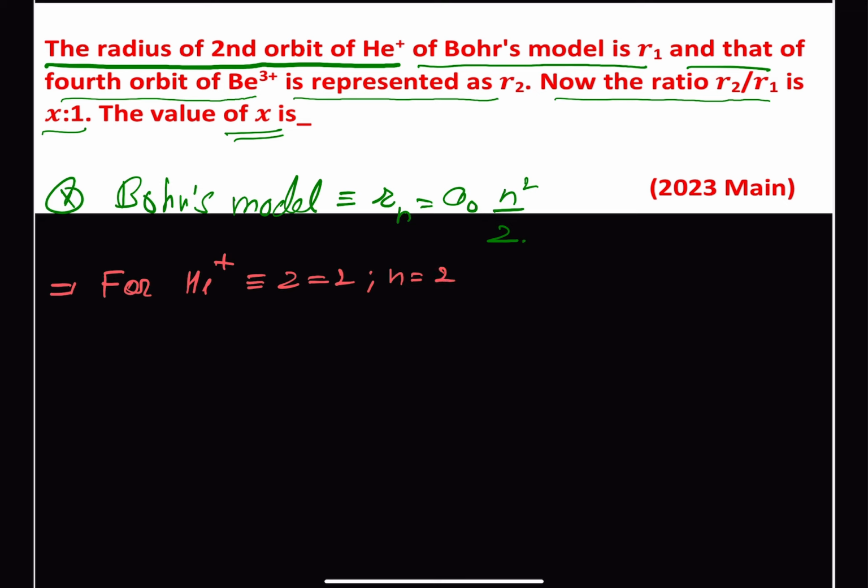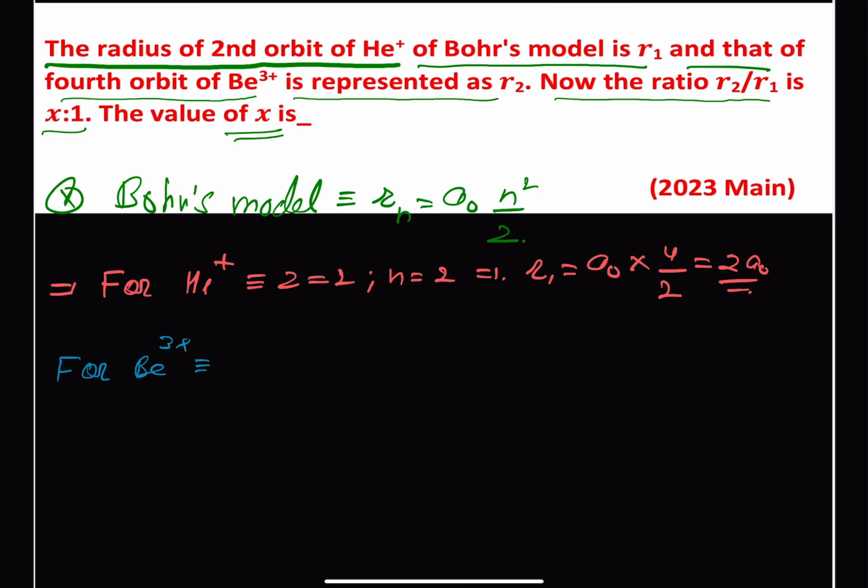Therefore, we can say that our R1 will be equal to a naught multiplied by n square, which is 4, divided by 2. So this comes as twice a naught. Similarly, we can write for beryllium 3 positive.